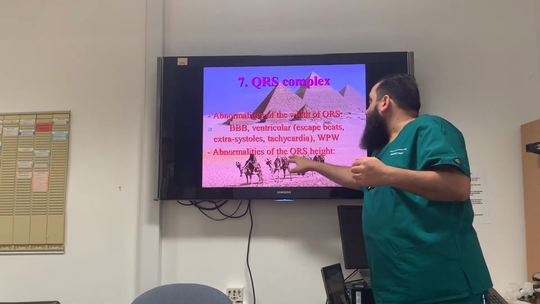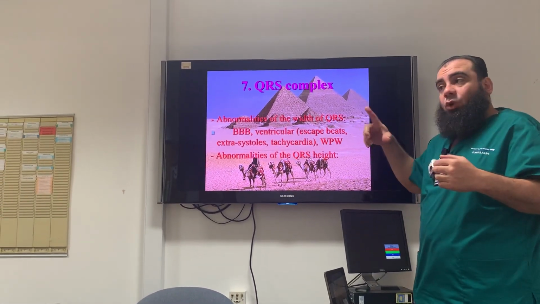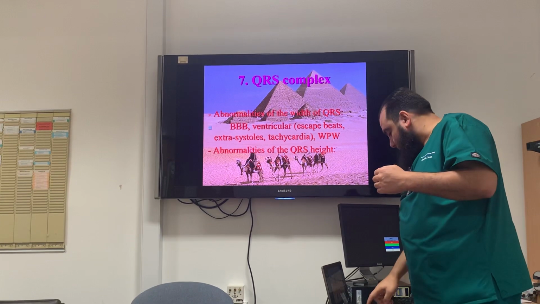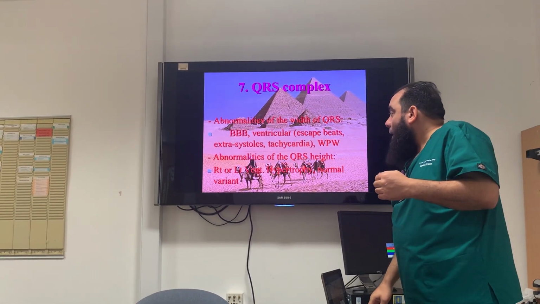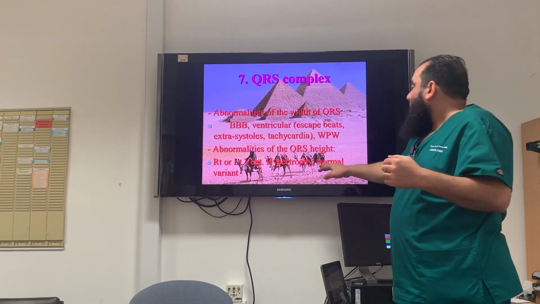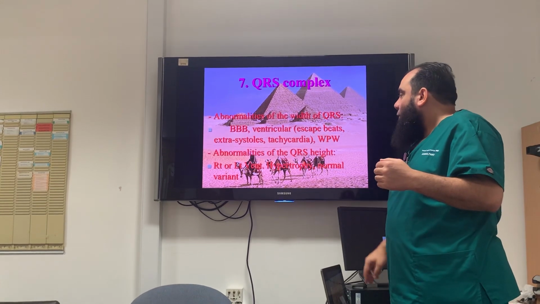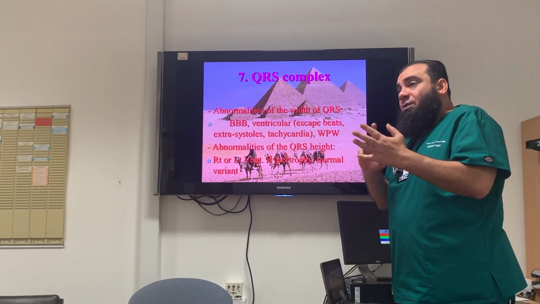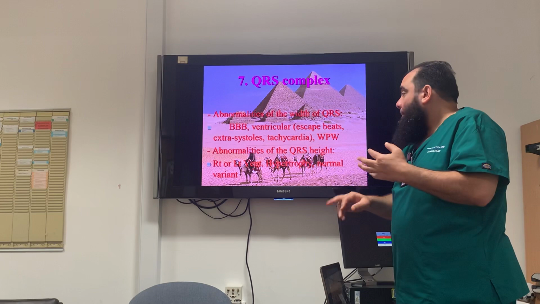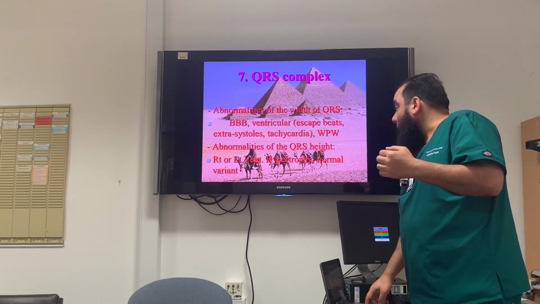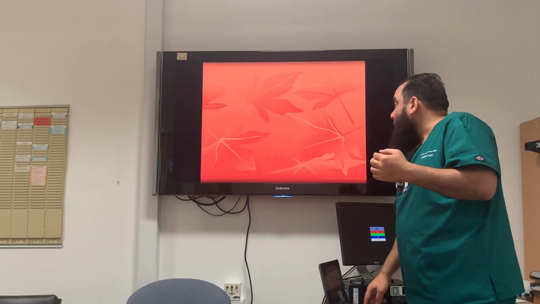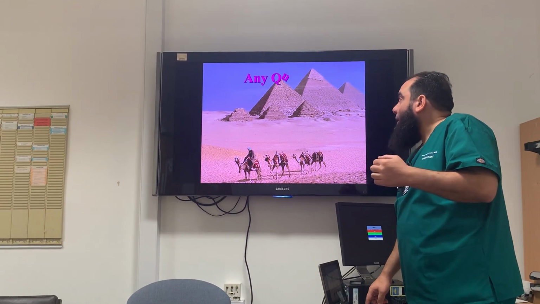And abnormalities of the QRS height, which is ventricular hypertrophy, right and left ventricular hypertrophy, and as a normal variant as well. So I'm going to discuss the hypertrophy and how we can diagnose it as hypertrophy or even a normal variant.